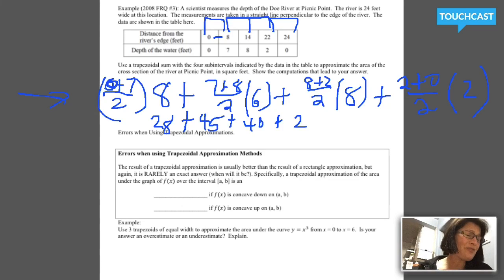Well, it turns out Part B asks you to use your answer from Part A. So you might want to simplify it, but you have no obligation to simplify that in order to get points for this problem. So I have simplified it, and we definitely still have one more job to do, which is to tell the units. So this makes 115, and I'm going to have to think about units.